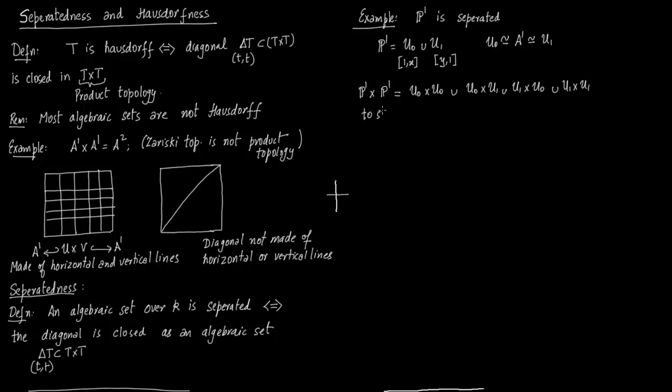So we need to show the diagonal is closed, for all i and j.